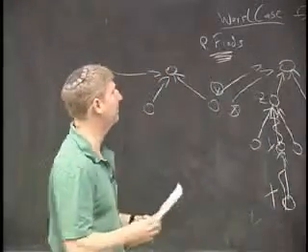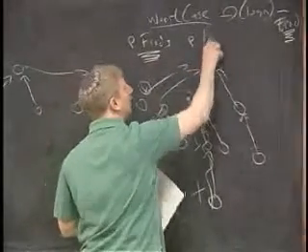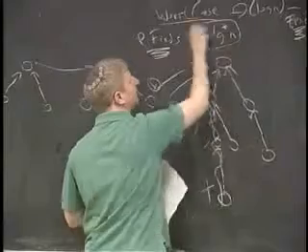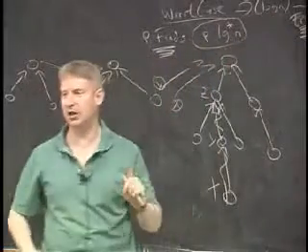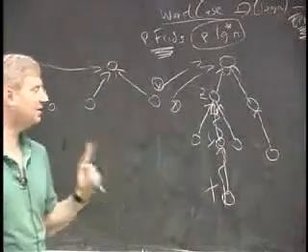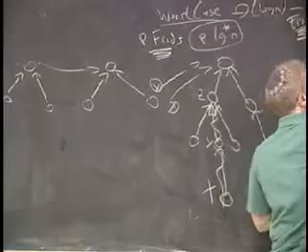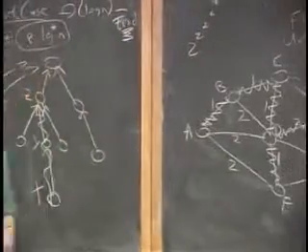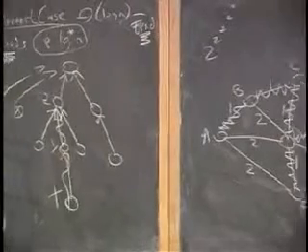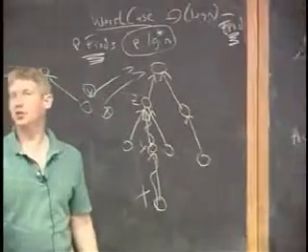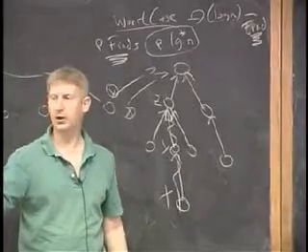And here's what it turns out to be. P finds turns out to cost P times log star n. Log star n is a function that's teeny compared to log n. Log star n is that function I introduced to you yesterday. If I give you a number with a stack of 2's on it, log star of that number is the height of the stack of 2's. So log star of 64,000 is 4.